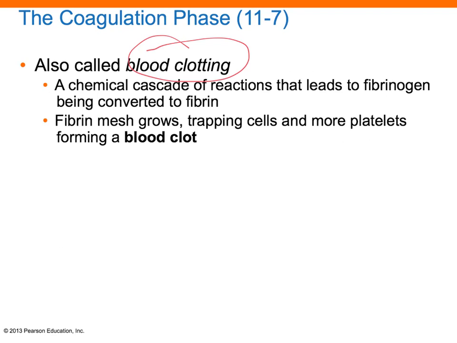So now we're going to talk about the entire clotting process and the cascade of events that we see taking place. And this cascade of events begins with the major event. The major event is the conversion of fibrinogen into the plasma protein called fibrin.